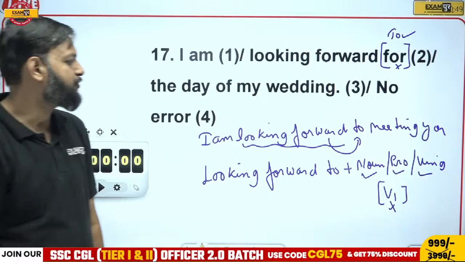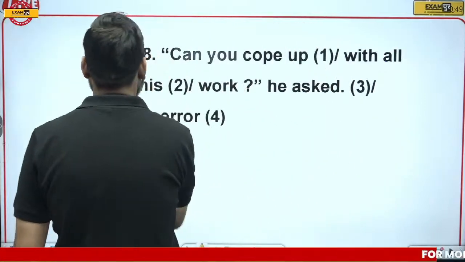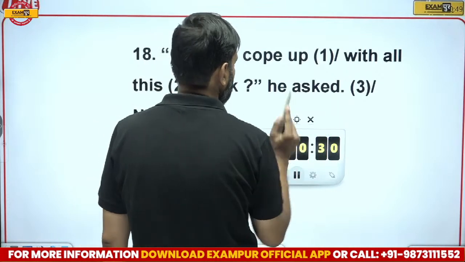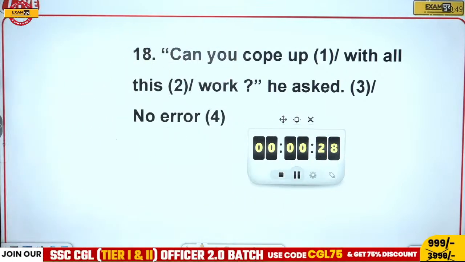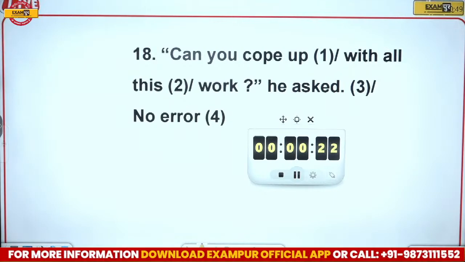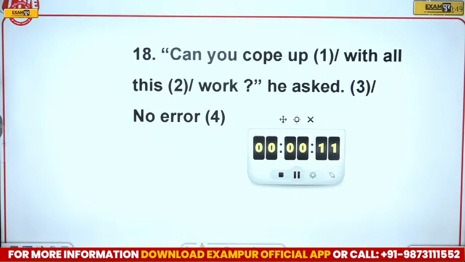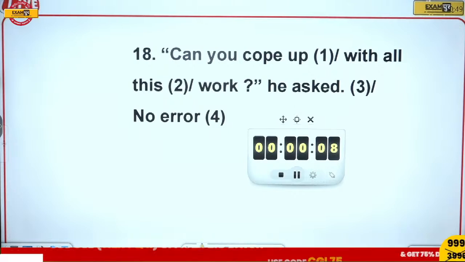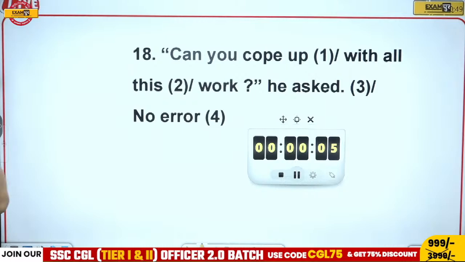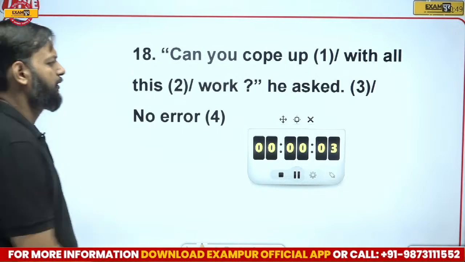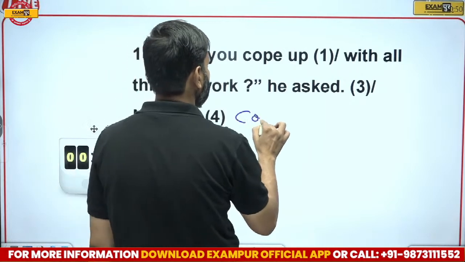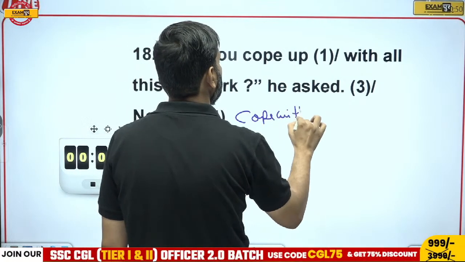Okay, last question. Can you cope up with this work? See, cope with is a phrasal verb.